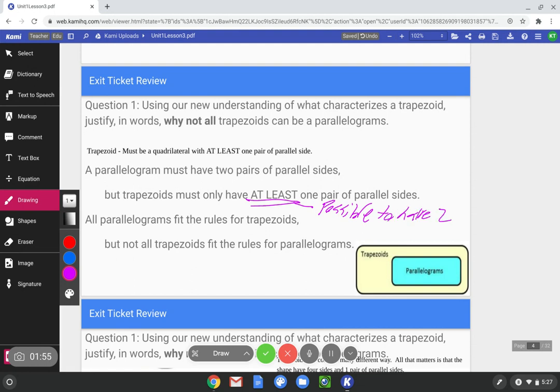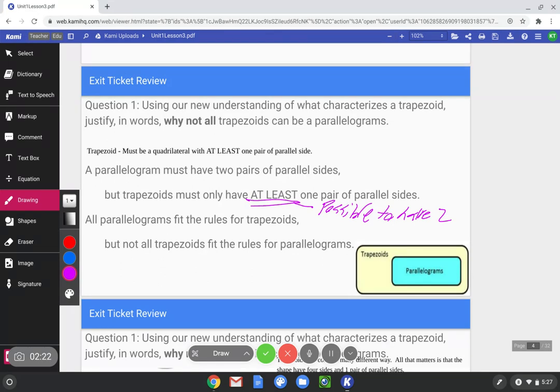So it's possible for trapezoids to have two pairs of parallel sides. And if a trapezoid does have two, then it's a parallelogram also. When it comes to geometry, it's not one or the other. It can be both. All parallelograms fit the rules for trapezoids, but not all trapezoids fit the rules for parallelograms.